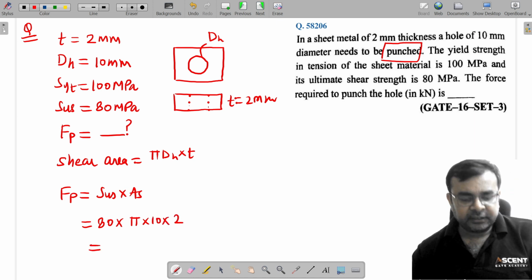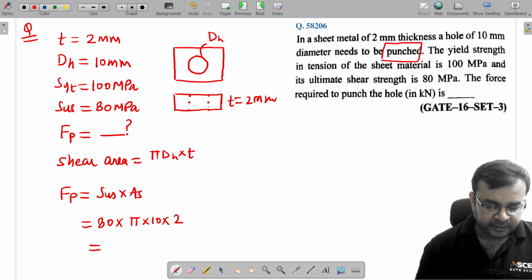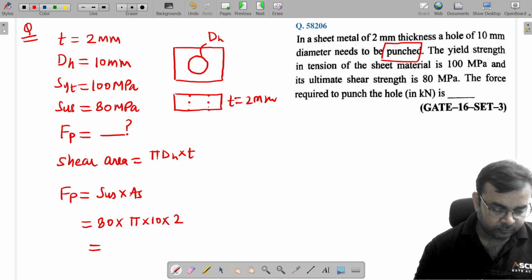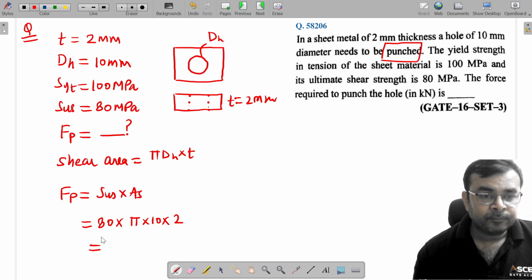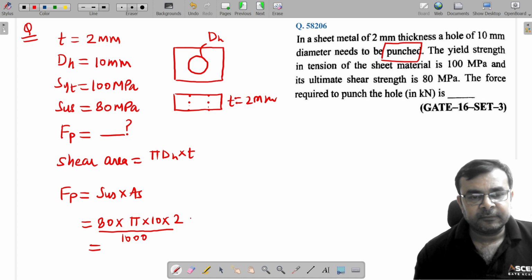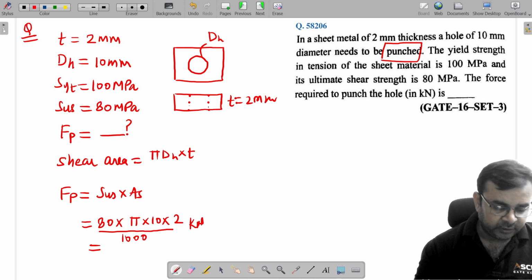When you calculate this value, we get 80 into pi into 20. To determine this value in kilonewton, we simply divide by 1000.